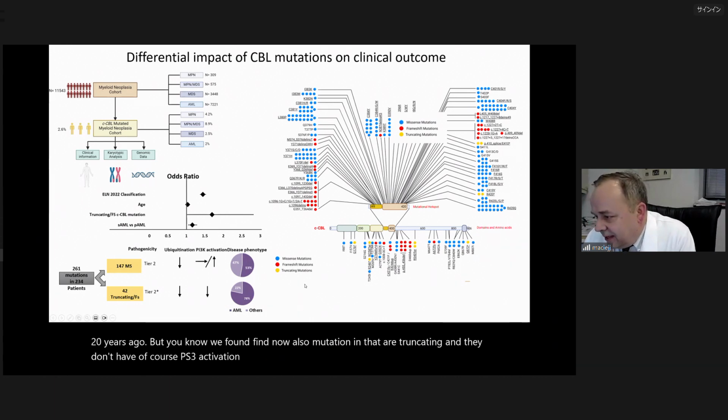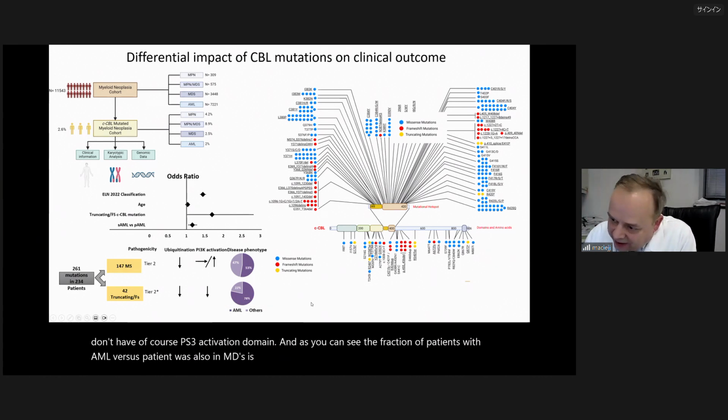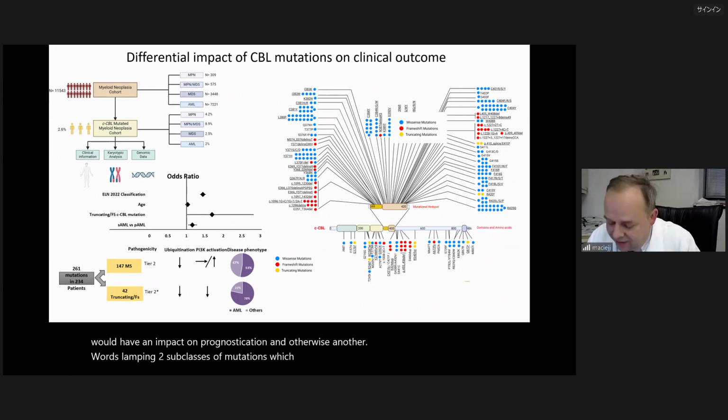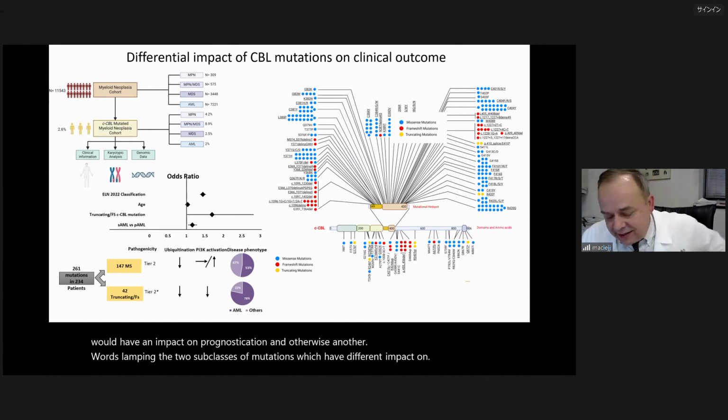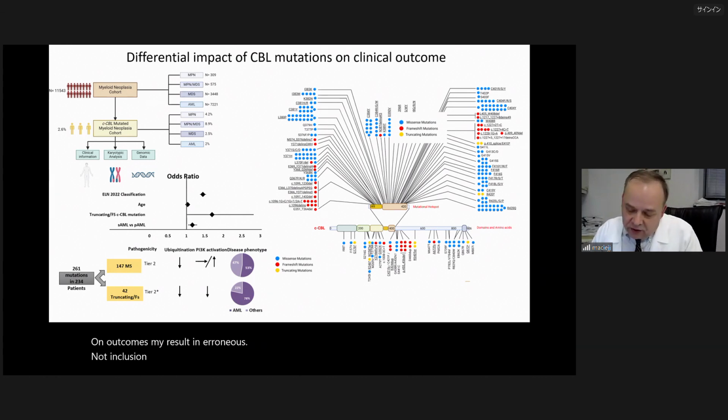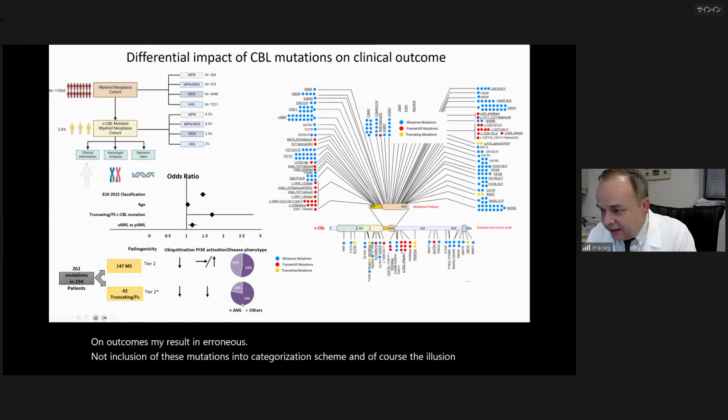And as you can see, the fraction of patients with AML versus patients with MDS is different. And we are currently looking at whether it would have an impact on prognostication. In other words, lumping the two subclasses of mutations which have different impact on outcomes might result in erroneous non-inclusion of these mutations into the categorization scheme, and of course dilution of the clinical impact.